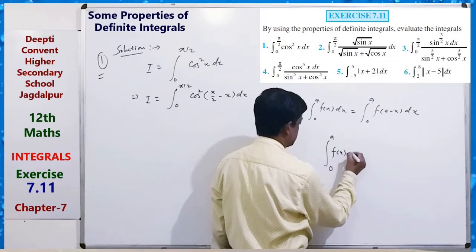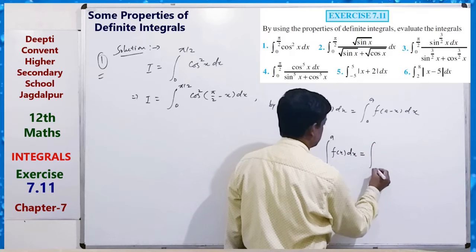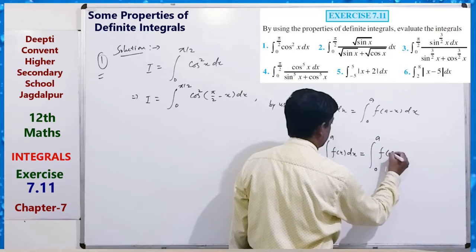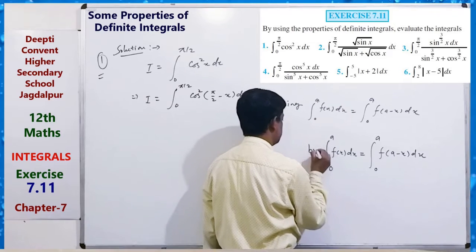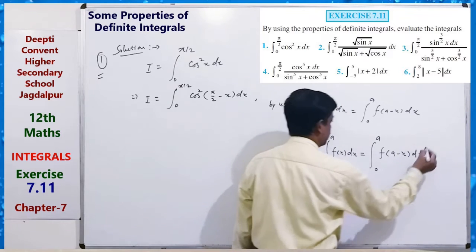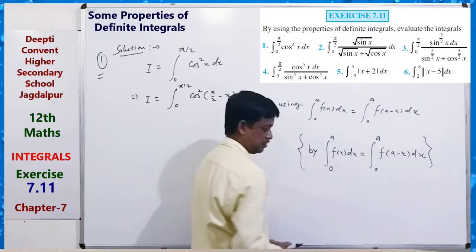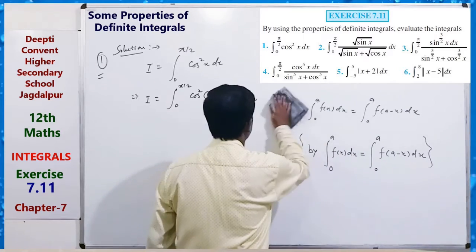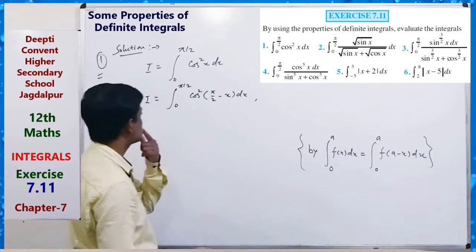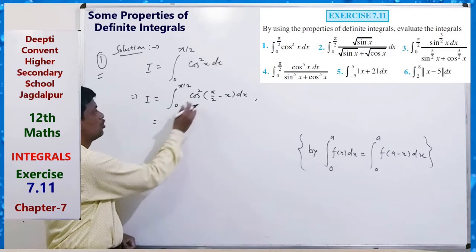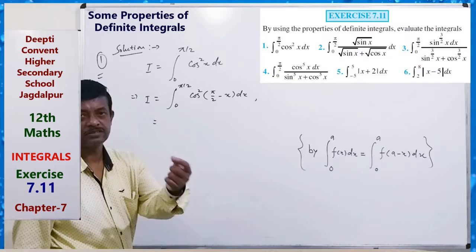Now cos of 90 minus theta means sin theta.